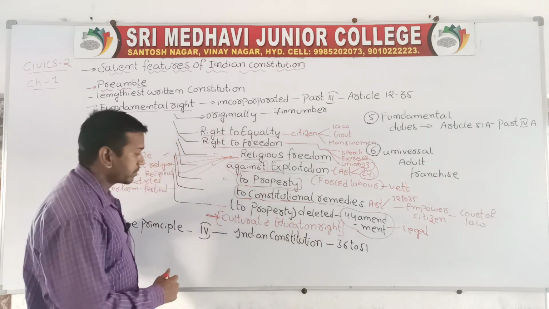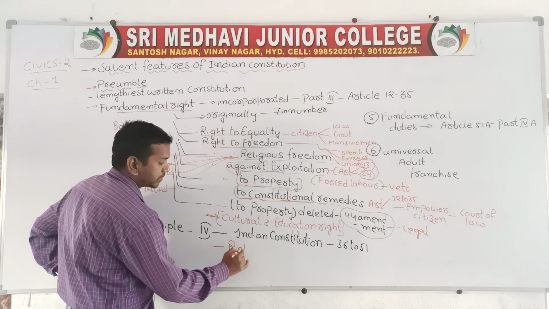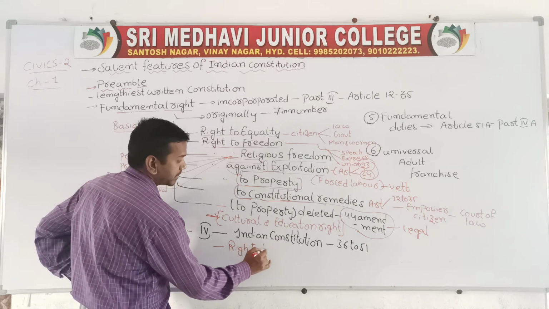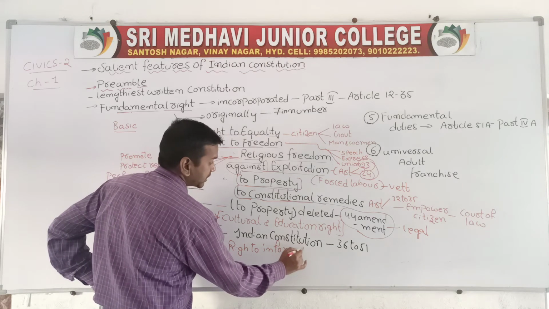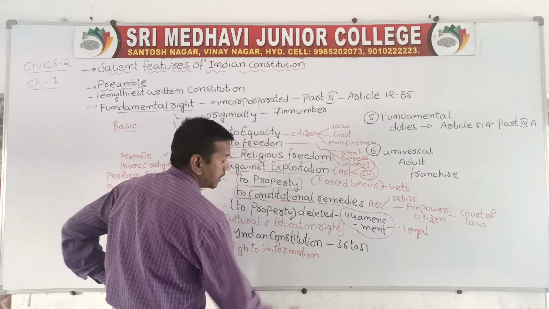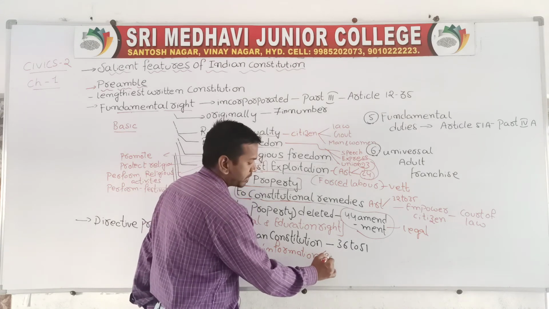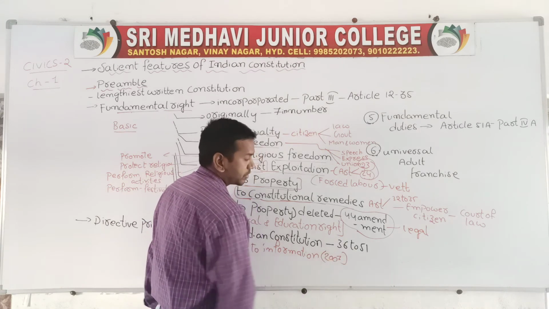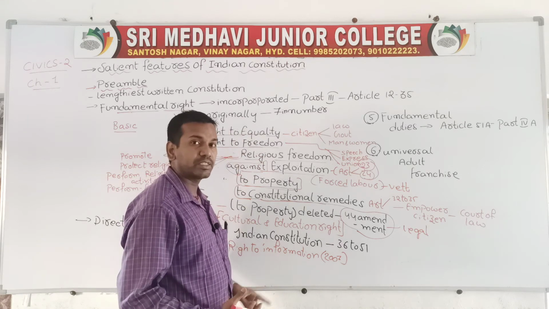In place of the right to property, the government has provided one right, which is called the right to information. This is one fundamental right. According to the right to information, every person, these laws were enacted in 2007. This right was implemented in 2007.